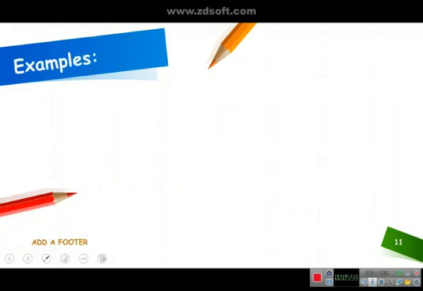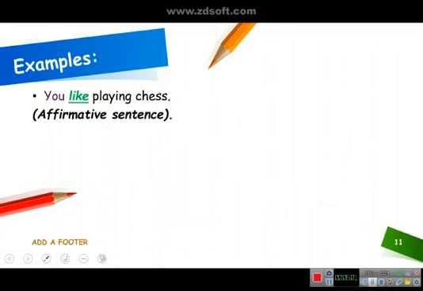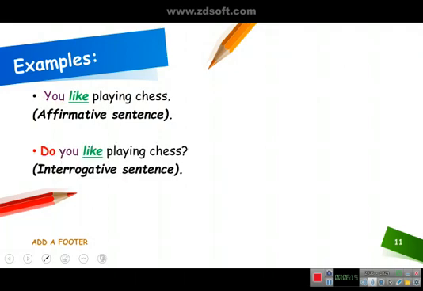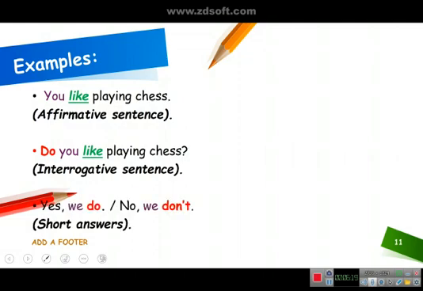Here are some examples. You like playing chess. This is an affirmative sentence and the verb is like. To make it an interrogative sentence, we add the auxiliary do before the pronoun you, so it becomes, do you like playing chess? The answer is, yes we do, or no we don't.